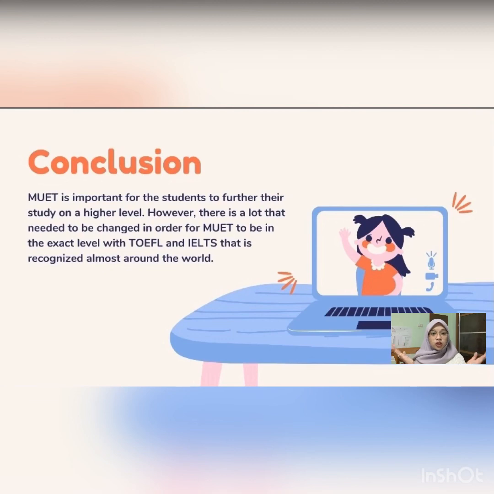This is important for our country because this can help our university entrance exam in Malaysia to be at a higher level, or the exact level with universities in other countries abroad. This is very important for us to be better and to be more known in the future with other countries around the world.